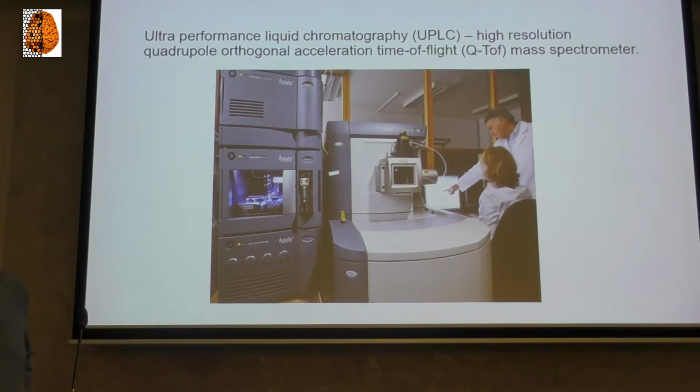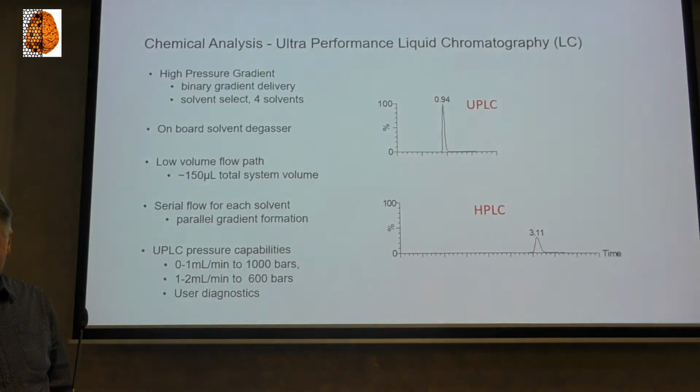The other technique which we use for hemp products is liquid chromatography mass spectrometry, with separation on a liquid chromatograph and detection on a high resolution mass spectrometer, which we used for our work, and the results will be presented later. This is only a photo of the instrument in our lab.